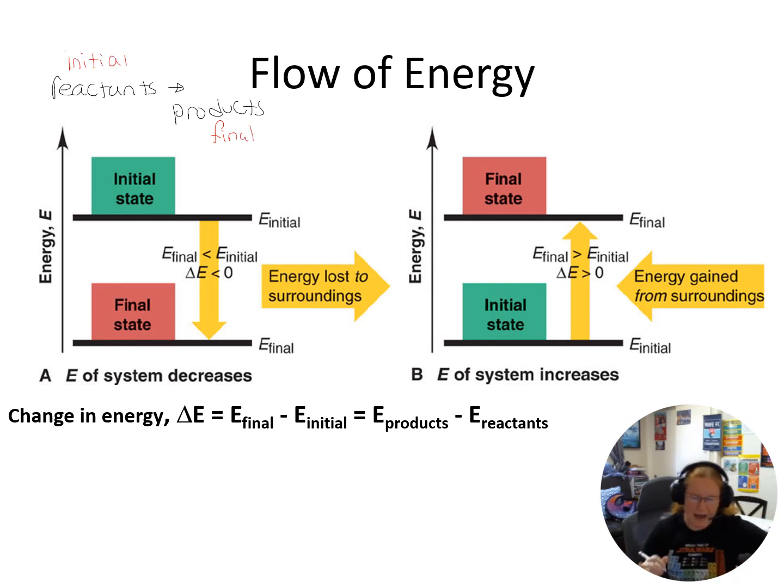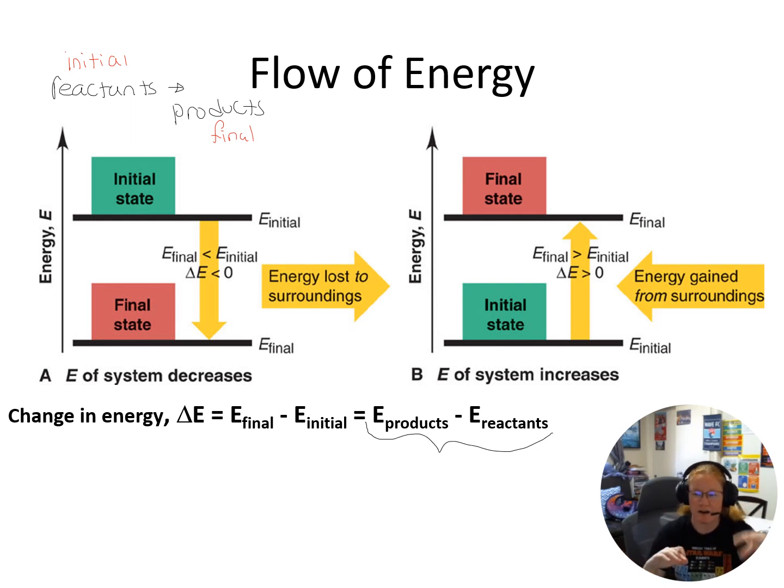So when I look at my flow of energy, okay, I get the energy of my products minus the energy of my reactants is my delta E. Okay, now we have two things that can happen. My system can give off energy to the surroundings, or my system can take in energy from surroundings.